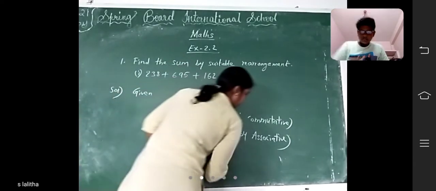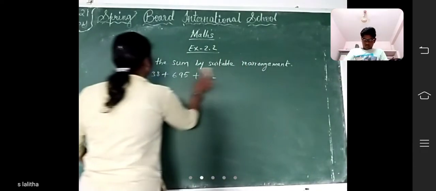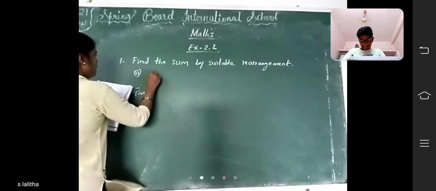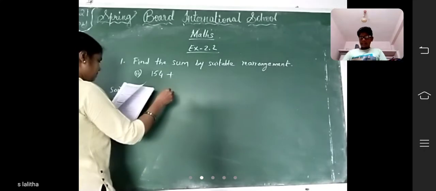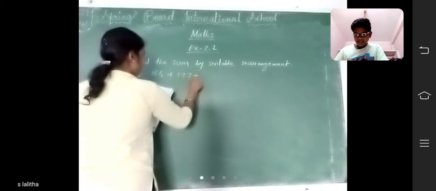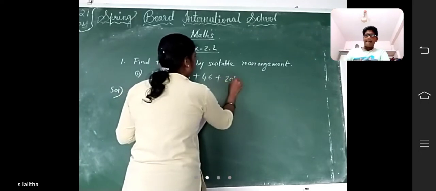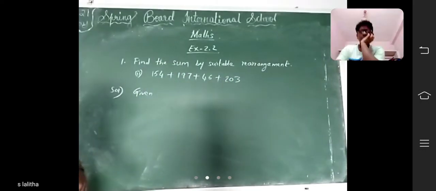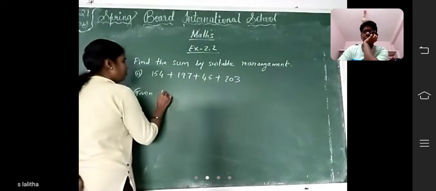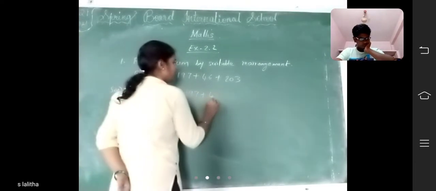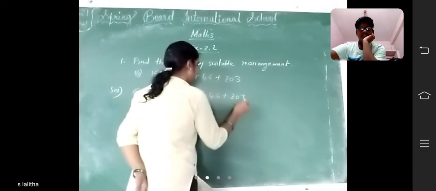Next, second term. What is the second term? 154 plus 197 plus 46 plus 203.